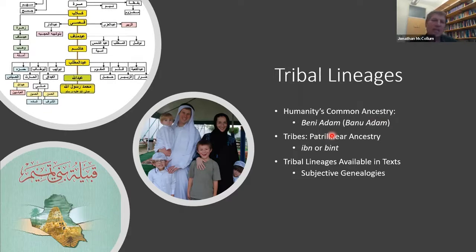And even today, there are genealogical organizations in the Arab world that are attempting to link individuals to their tribal ancestors and link all those tribes all the way back to Adam. Now, we can debate the scientific premise of this idea, but it does indicate this idea of the common ancestry of all humans, which is, in my mind, a beautiful thing.